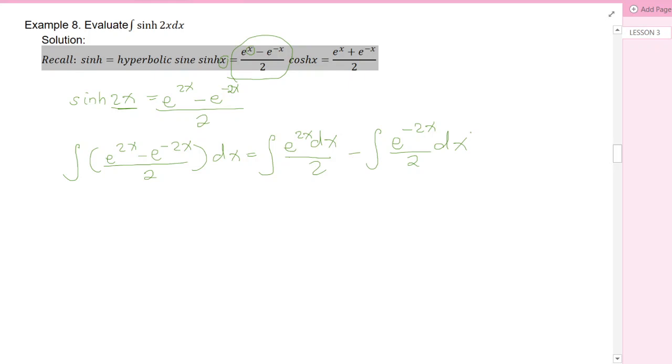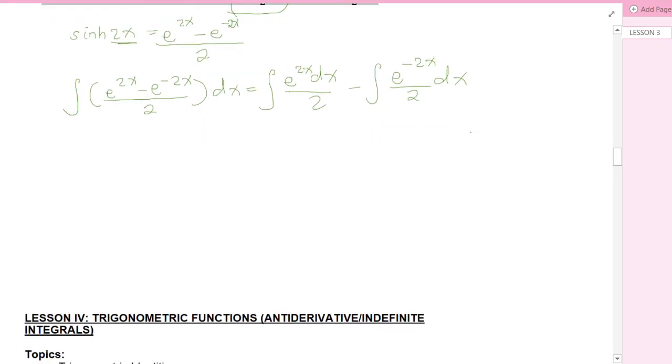Okay, so rewriting this one, let us just bring out the constant, which is 1/2. That is 1/2 the integral of e raised to 2x dx minus 1/2 again, the integral of e raised to negative 2x dx.